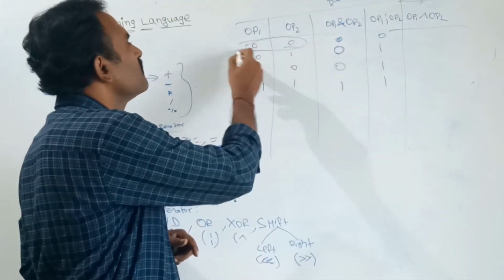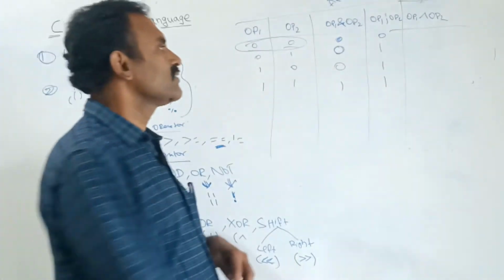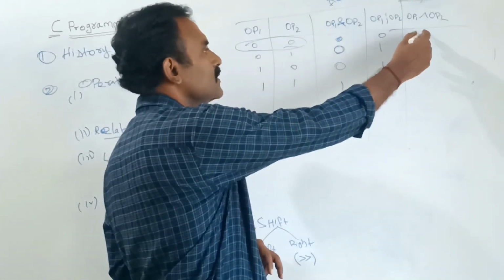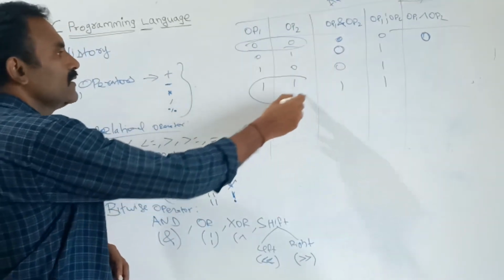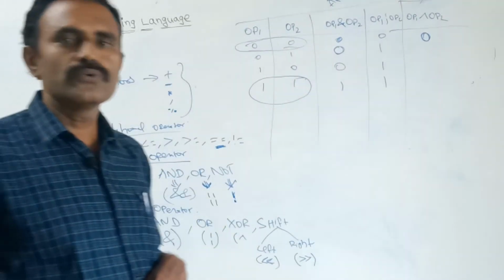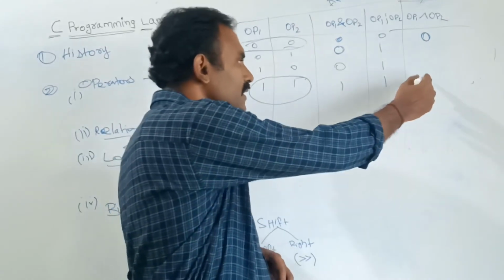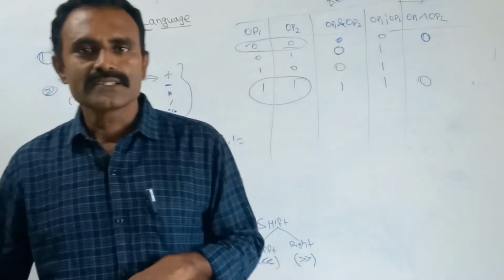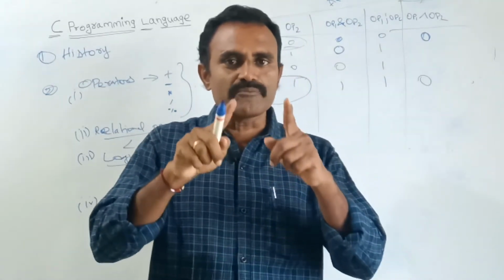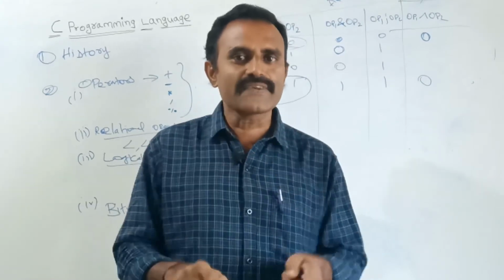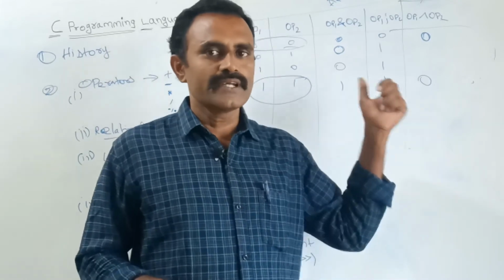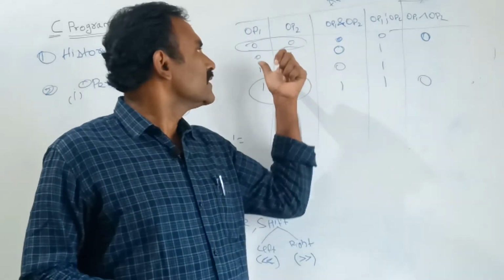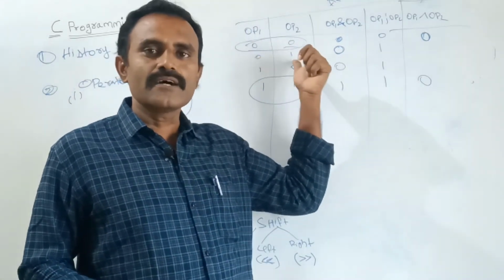These two bit values are the same, so the result will be false in the XOR operator. Here also both bit values are true, so the result will also be false. If the bit values are different, then the result will be true. Here the first operand is false, the second operand is true.